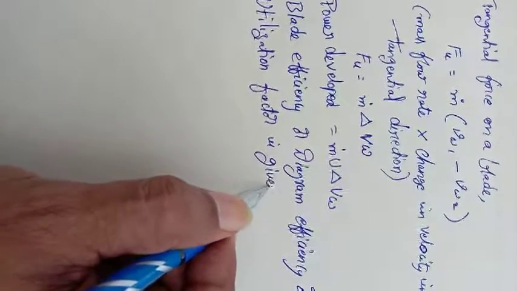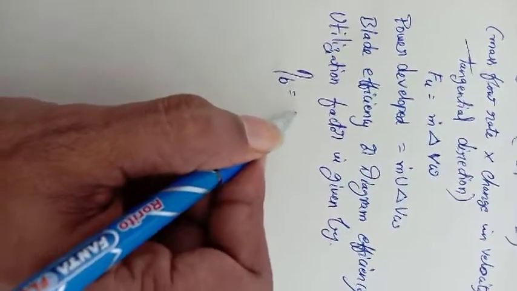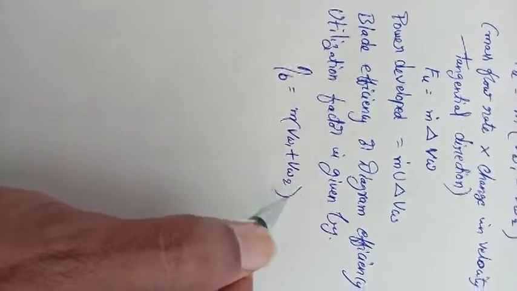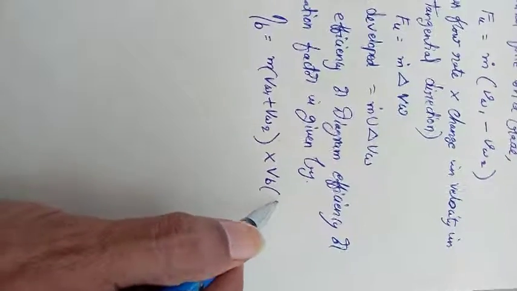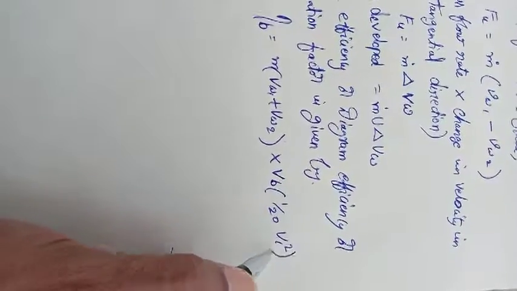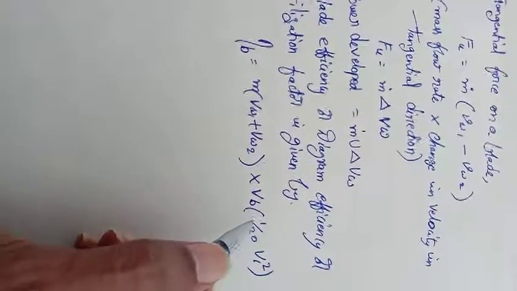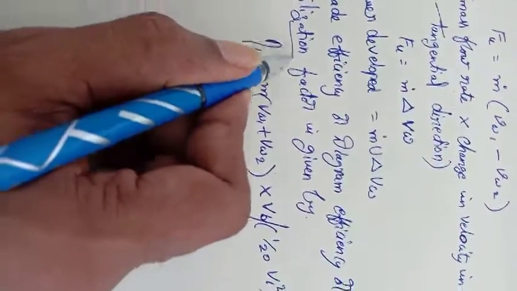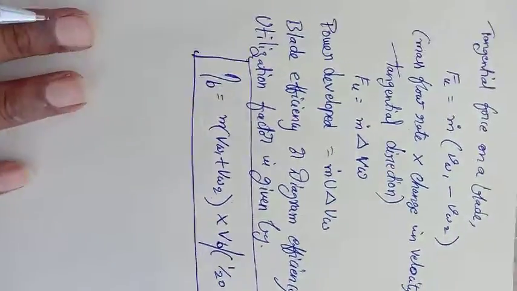Utilization factor is given by 1 plus 2, and V1 square by 2. This is the general equation of efficiency of the blade.